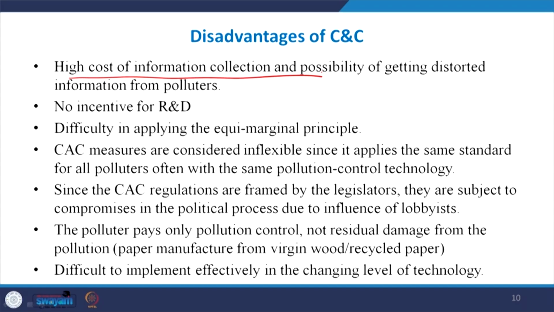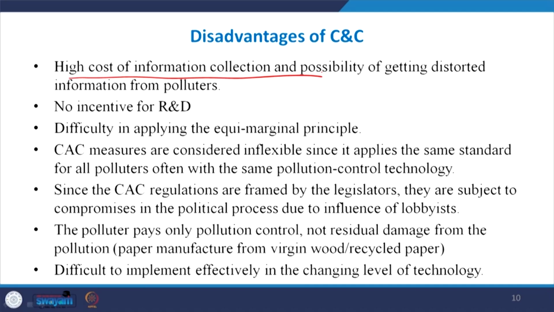Second, even if you are able to collect the information, you may get distorted information from the polluters. Polluters may not share the correct information with you. So, distorted information and high cost of information are the major problems associated with the command and control system.